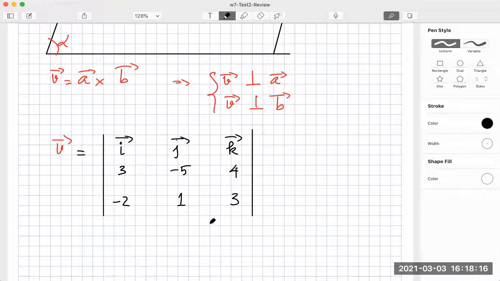Remember, it should be written in this order. If you change the order, B first and A later, the result would be the negative of the correct one.